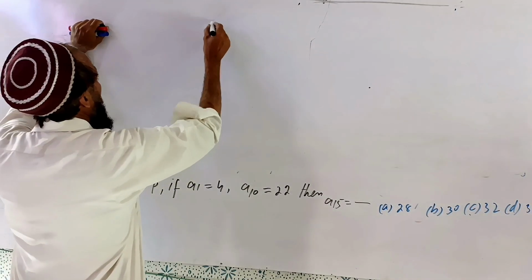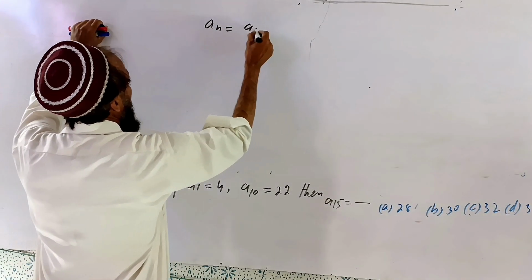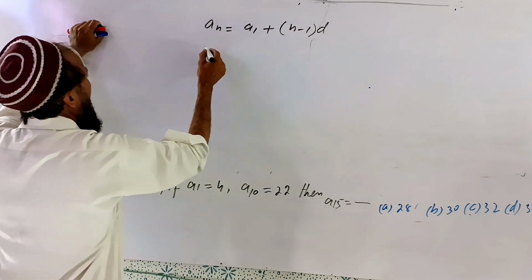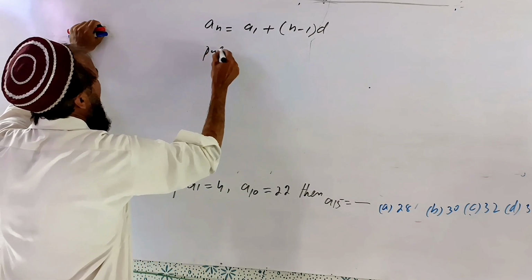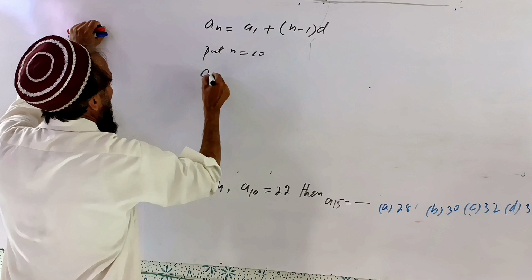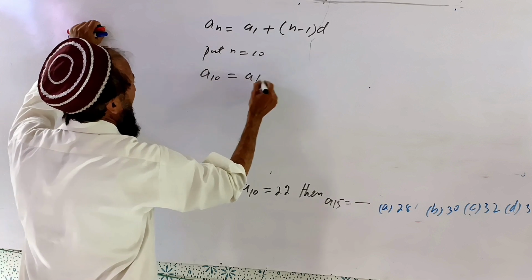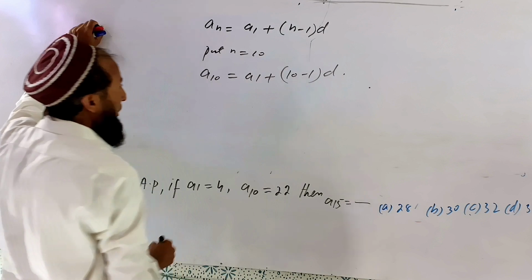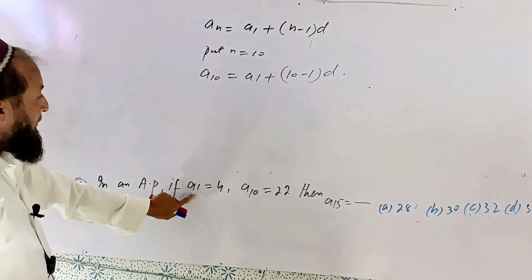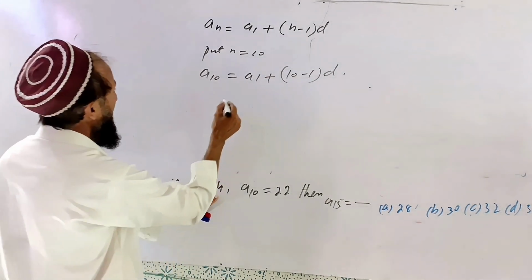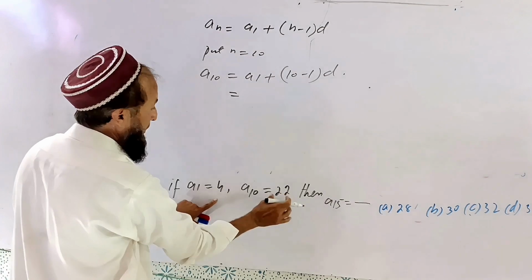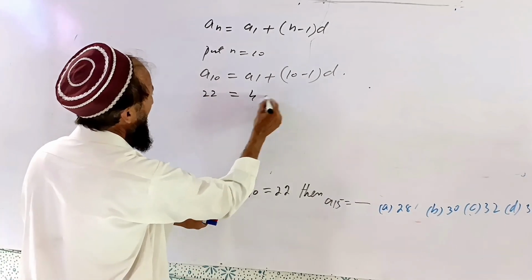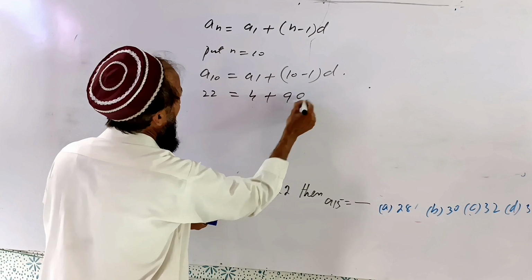What is the formula? an is equal to a1 plus n minus 1 times d. So if we put n equal to 10, a10 is equal to a1 plus 10 minus 1 times d. Now d is required. Here the first term is given, and a10 is 22, and the first term is 4, and 10 minus 1 gives 9d.